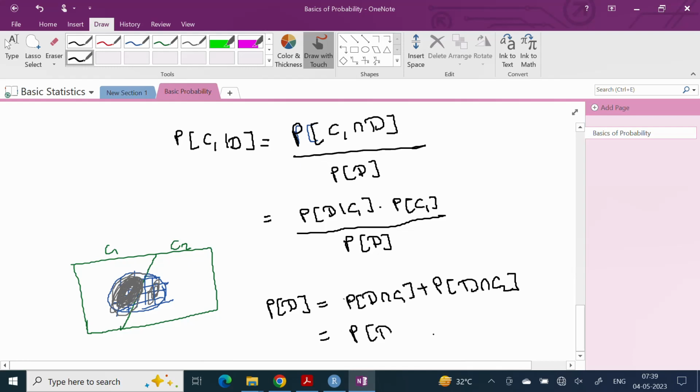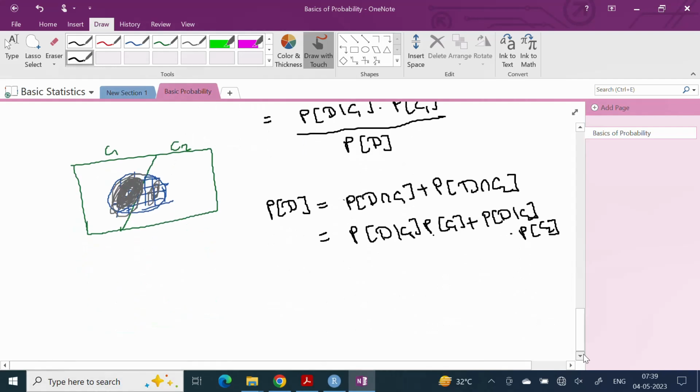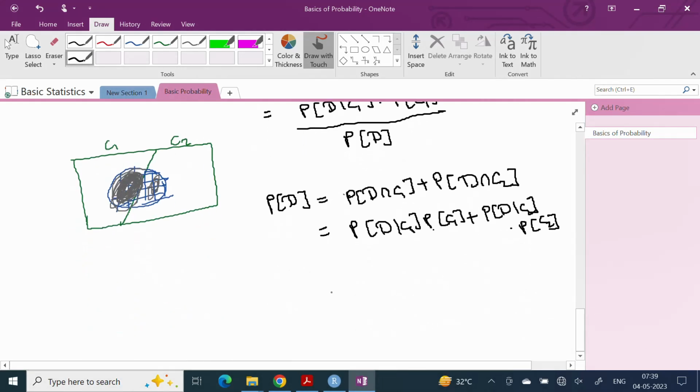So it is probability of D given C1 into probability of C1. On the same lines I can write D intersection C2 as D given C2 into probability of C2. So now I can compute this.